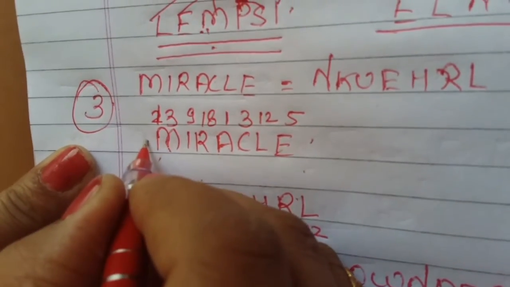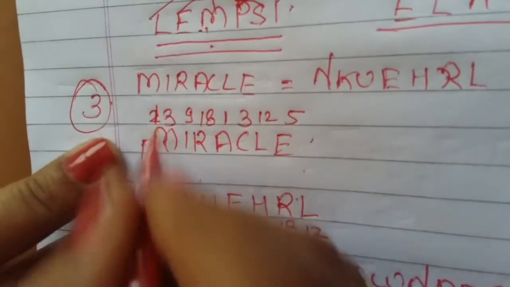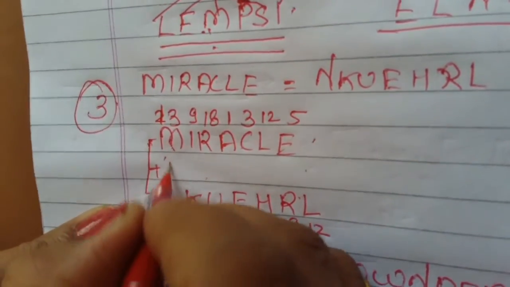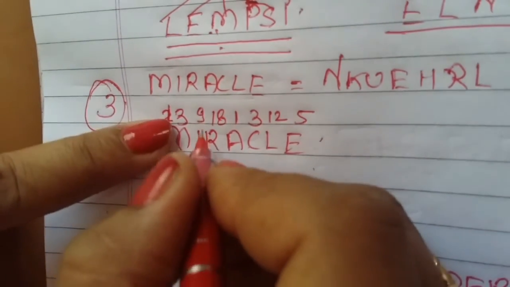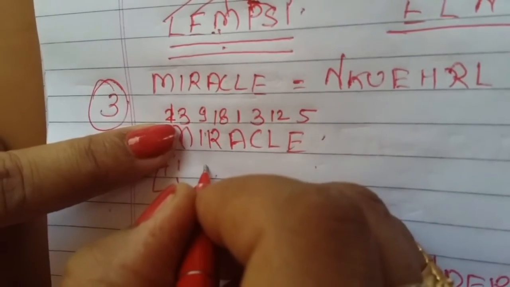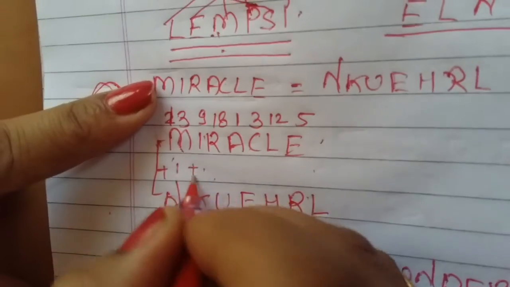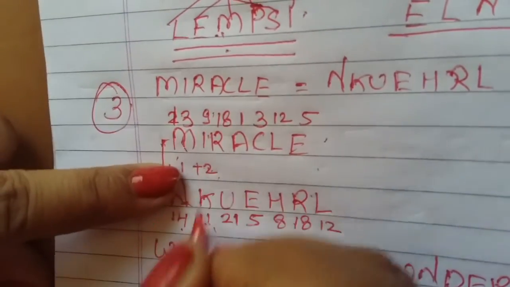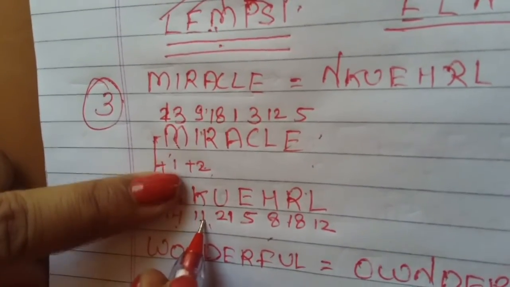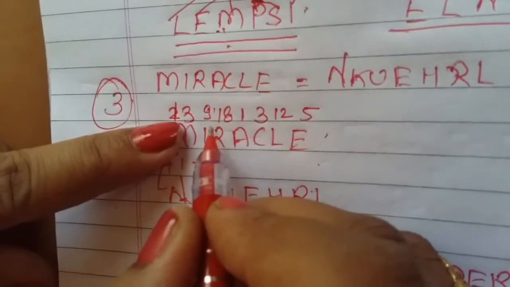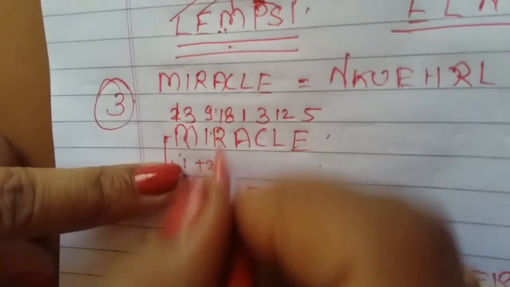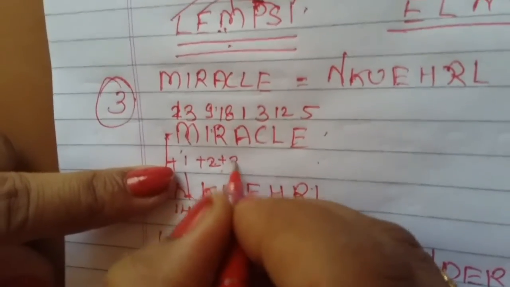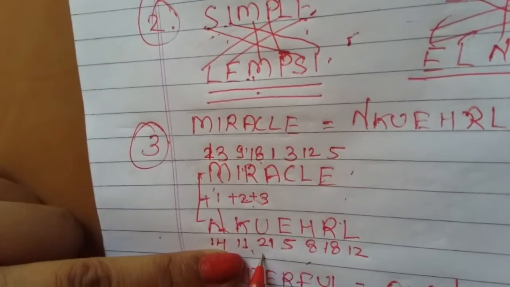After M comes N, so plus 1, 13 plus 1 is 14. After I comes J, then K, so plus 2, 9 plus 2 is 11, that is K. Then R, after R comes S, T, then U, meaning plus 3, 18 plus 3 is 21.